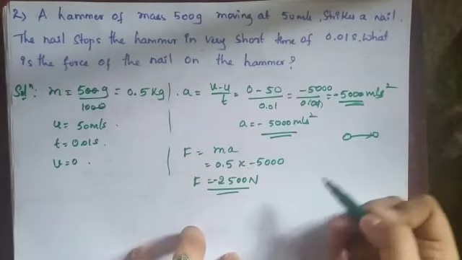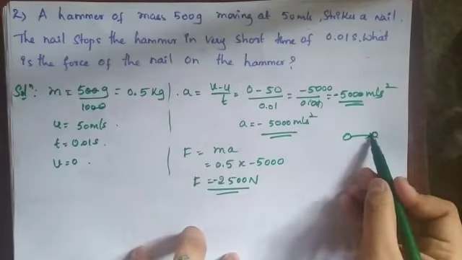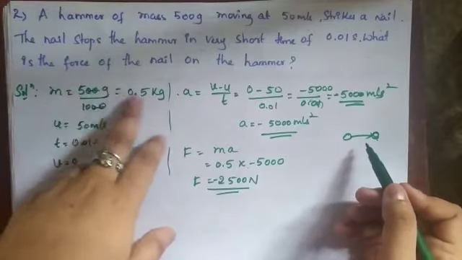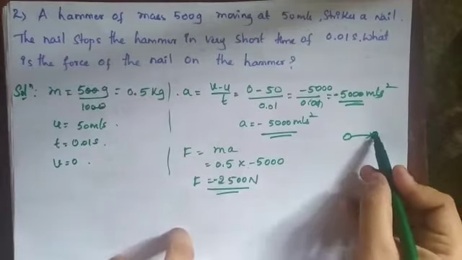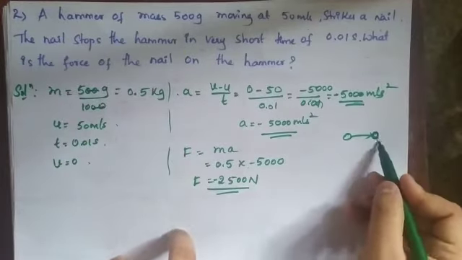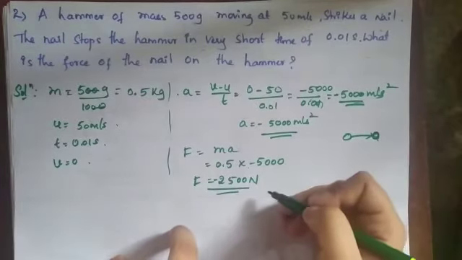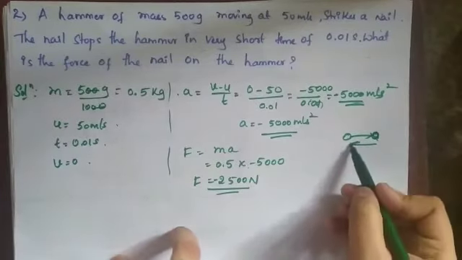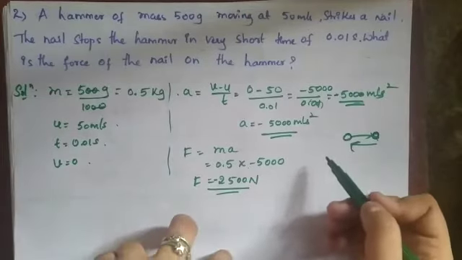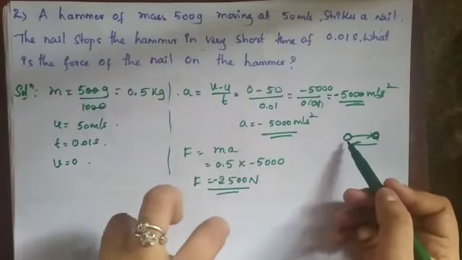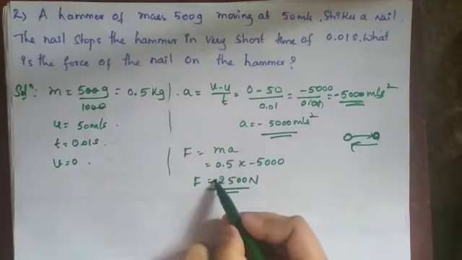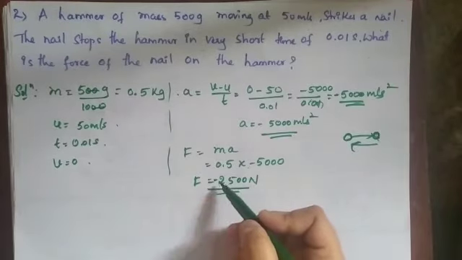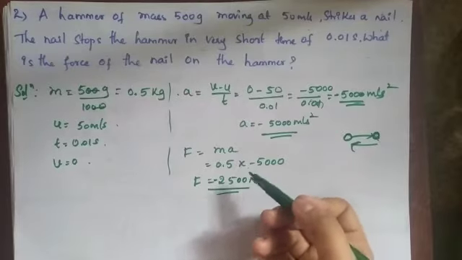When it strikes the nail, the force is acting. The force that the nail applies onto the hammer is in the opposite direction, due to which the hammer has been stopped. That is why the force is given in the negative direction. A negative value means it is opposite in direction.